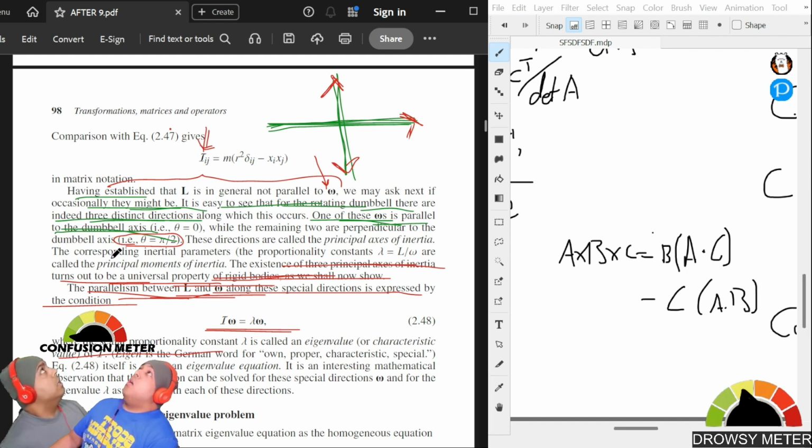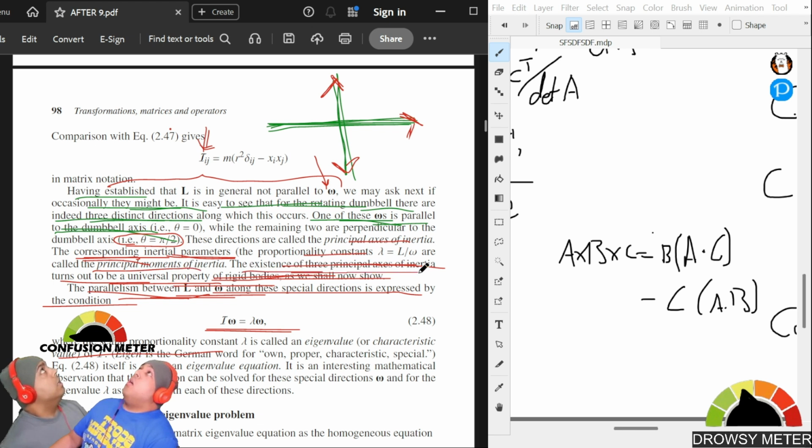The corresponding inertial parameters. So for each axis, there's a corresponding parameter. The proportionality constants lambda equal L and omega, the principal moments.